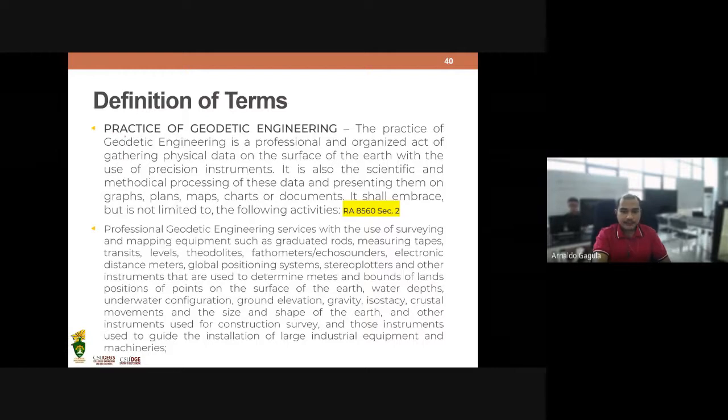First, we have the practice of geodetic engineering, according to RA 8560, or the Geodetic Engineering Law Act.